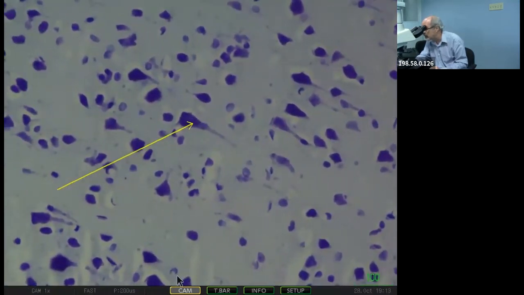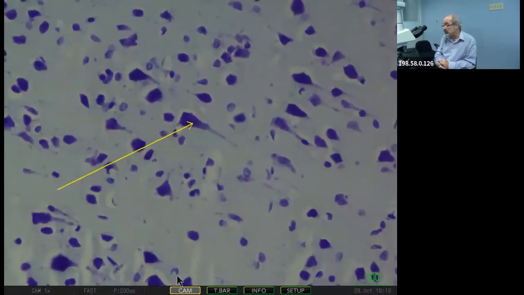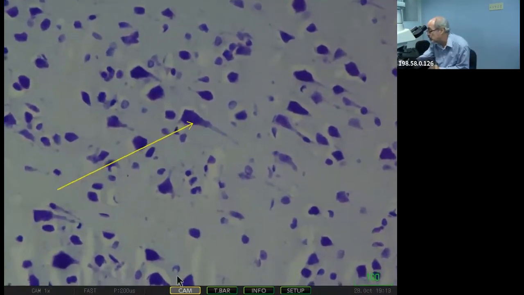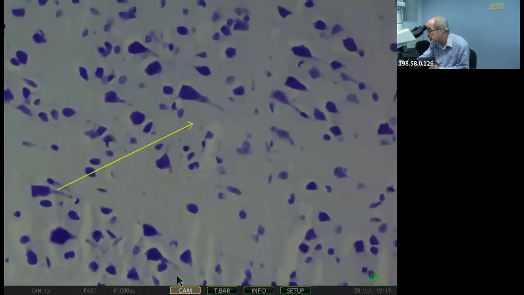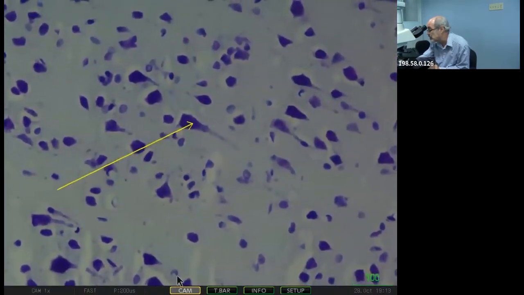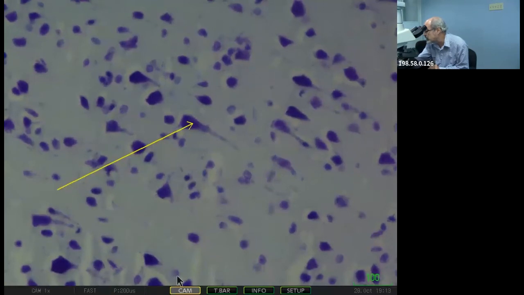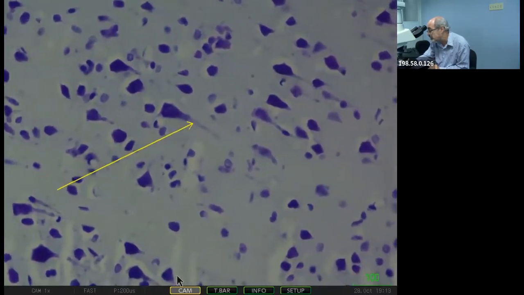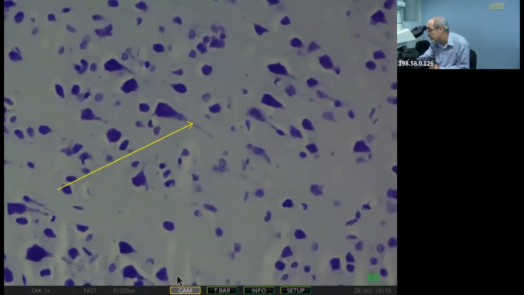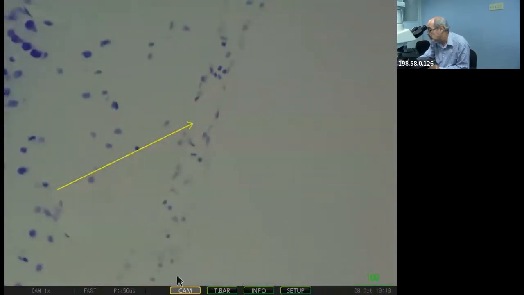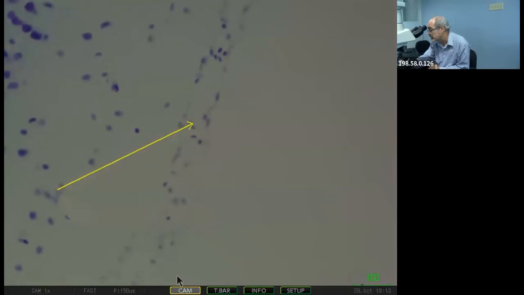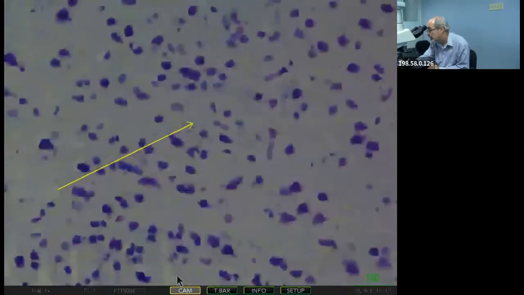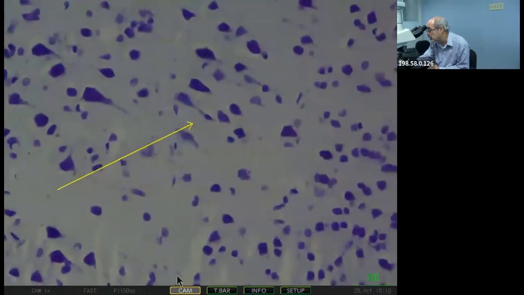You can identify the soma. Remember, in each neuron, you will have the cytoplasm, which is called the cell body, which is called the soma. Here you will have what? You have the apical dendrite, and this apical dendrite is going again towards the periphery, so towards your meninges, which is here, okay?